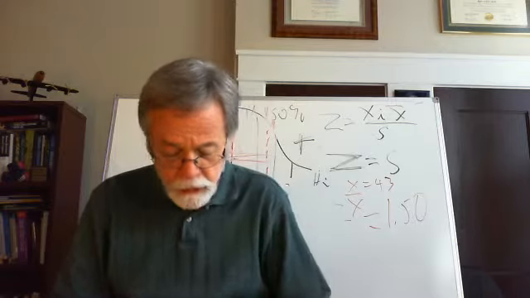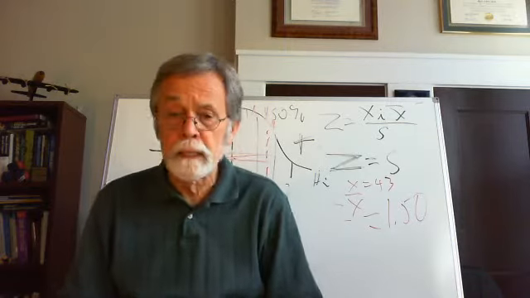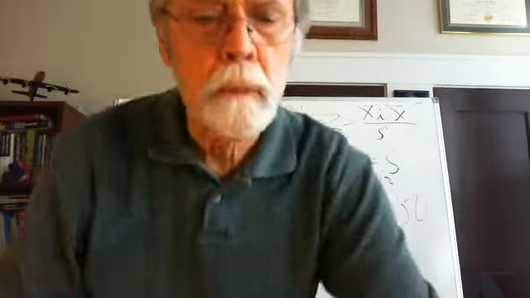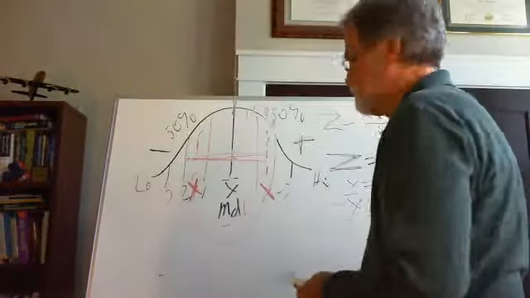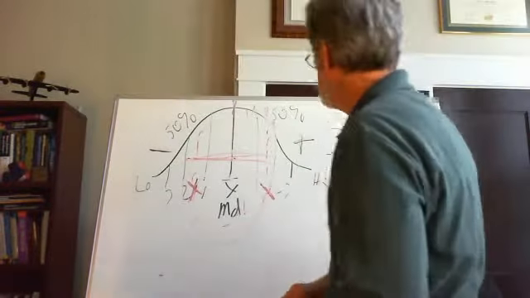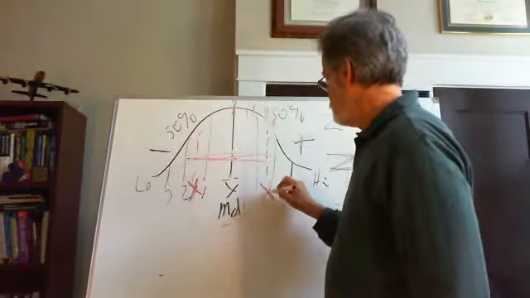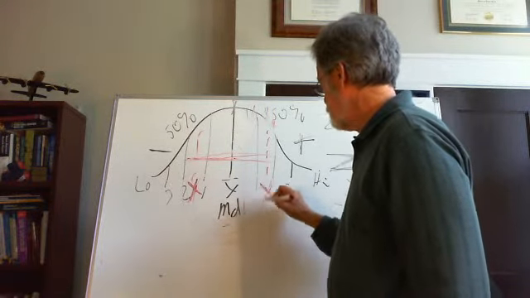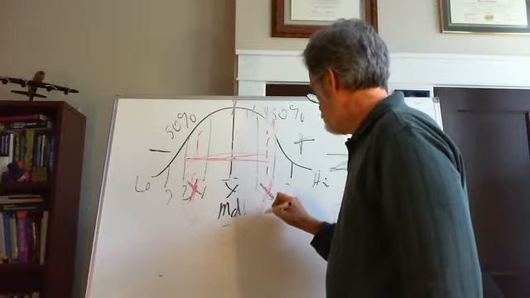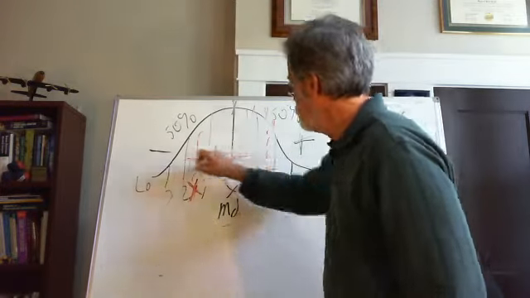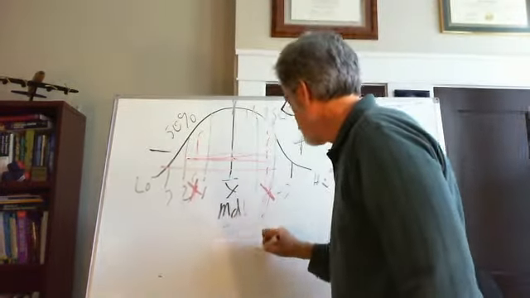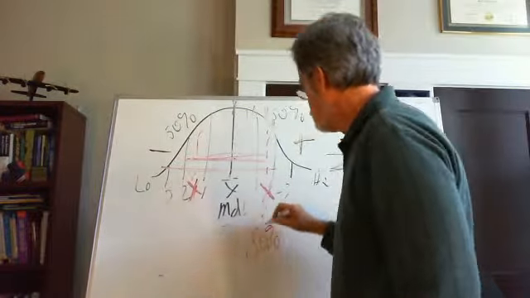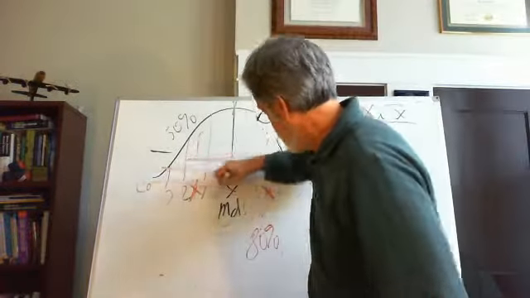There are some issues at the end about probability, and we'll talk more about that as we get into the next chapter. But let's just say that if we summed all this up, let's say that this is 80% of the distribution lies this way.